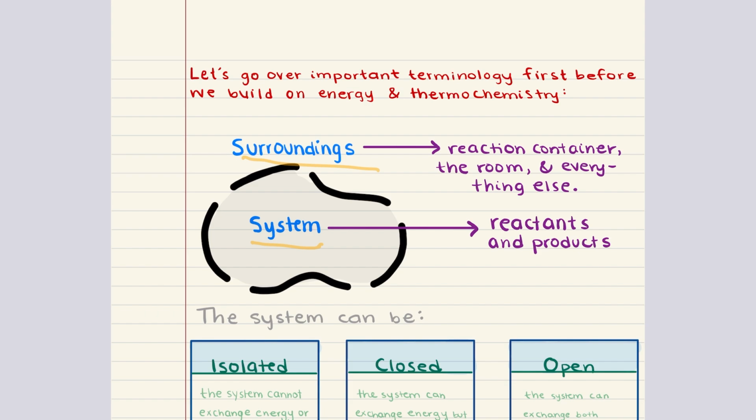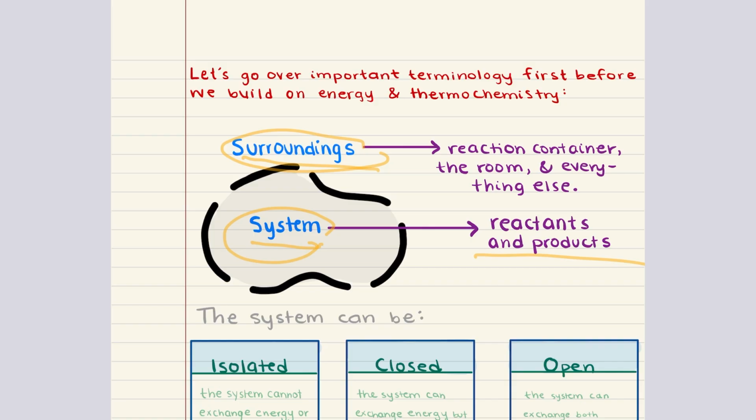When we discuss reactions, we divide the universe into two parts: the system and the surroundings. The system is the part we're focused on, usually the reactants and products in a chemical reaction. The surroundings are everything else: the beaker, the room, the air, the lab equipment, and so on.